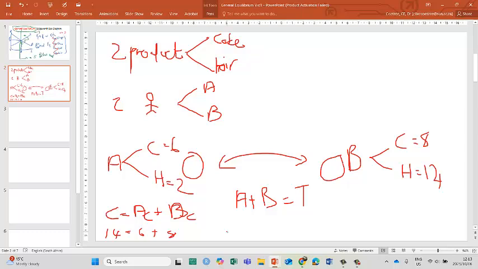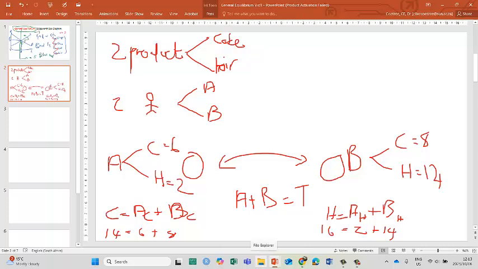So there's 14 Cokes. Mr. A has 6 of the 14 and Mrs. B has 8 of the 14. Similarly, the total amount of haircuts is person A's amount of haircuts plus person B's amount of haircuts, which in this case is 2 plus 14 is equal to 16.